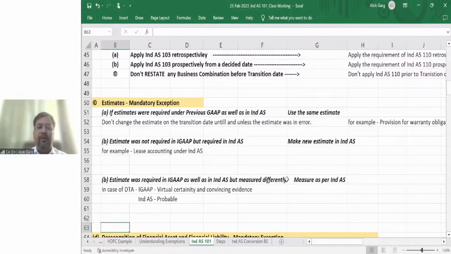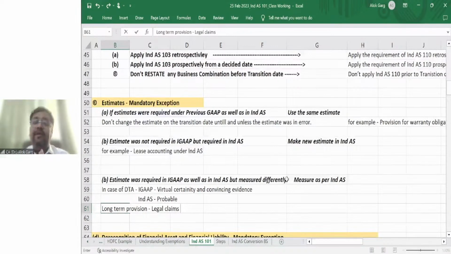Second example could be long-term provision. For example, in case of legal claims, you are estimating that I need to pay 10 lakh rupees after 3 years. So the provision is required in previous GAAP as well as in Ind AS, right?